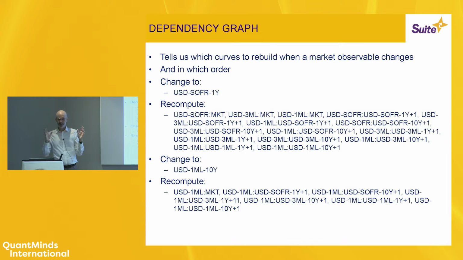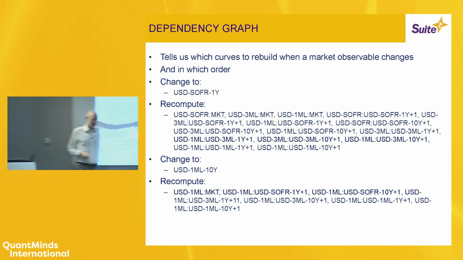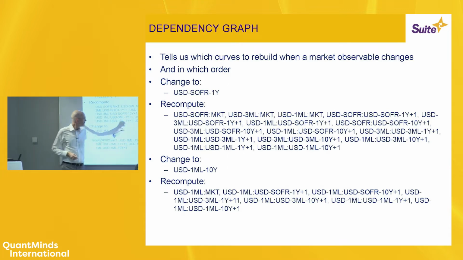All that we care about is that the end result is valid. So if the 1-year SOFR point changes, we have this big list of curves in our little world that we need to rebuild. If the 1-month LIBOR 10-year point changes, we only need to rebuild a far smaller list.